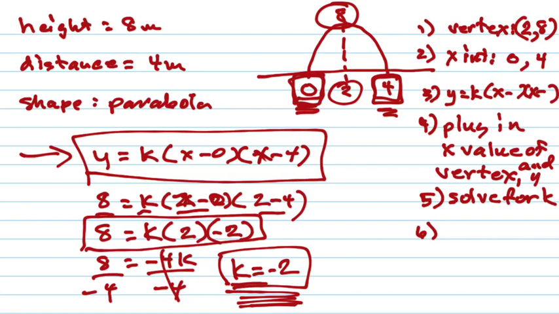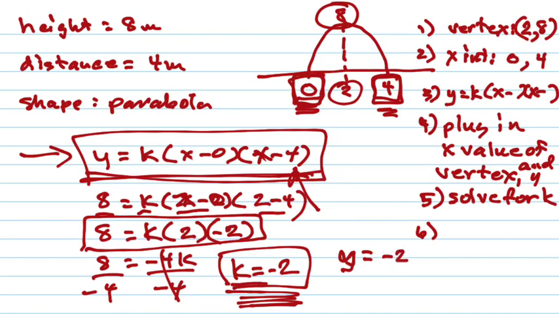Plug it in, again, plugging it into this and then multiplying all that stuff out, okay? So we're looking for y. We're going to have our x's in there too.